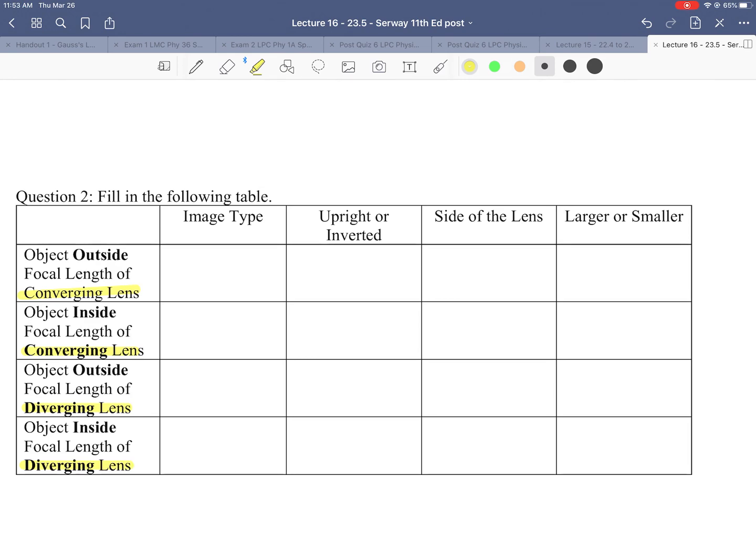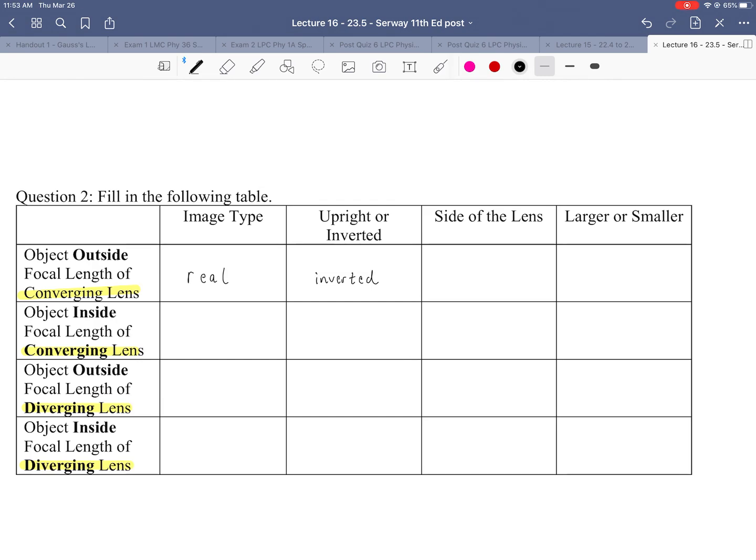Okay, so in the first case, we have an object outside the focal length of a converging lens. So what type of image is created in that case? Well, we know it's going to be real, right? Because we saw that on the first page. And we know it's going to be inverted.